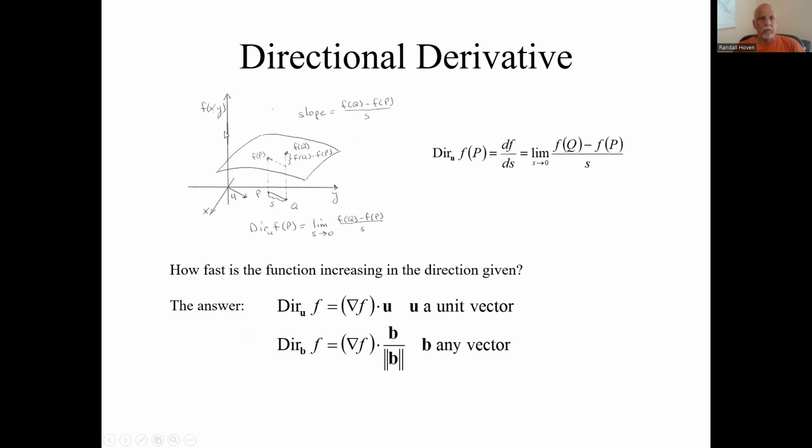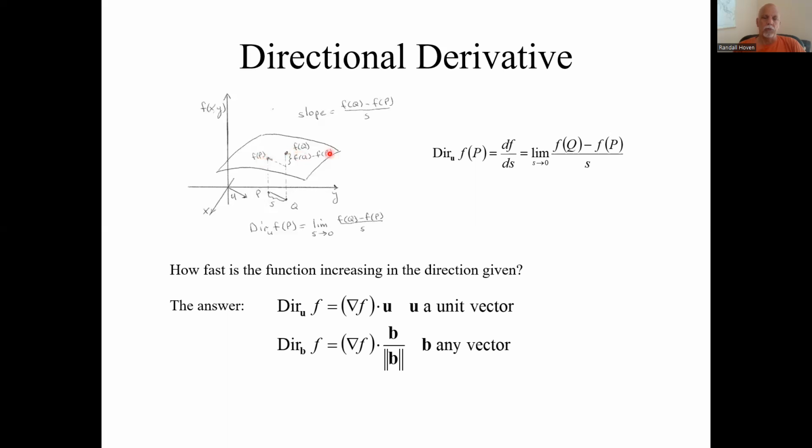I can draw it if I have a scalar function of just 2 variables, x and y. That function becomes a surface up here in 3 dimensions. For every coordinate point in the xy plane, I get a value for the function.